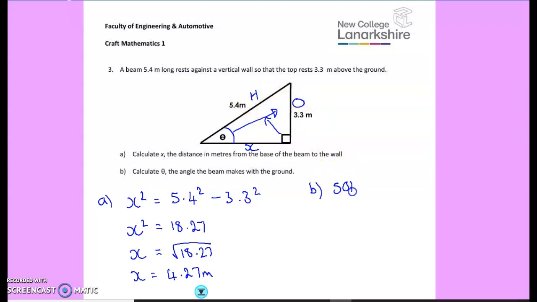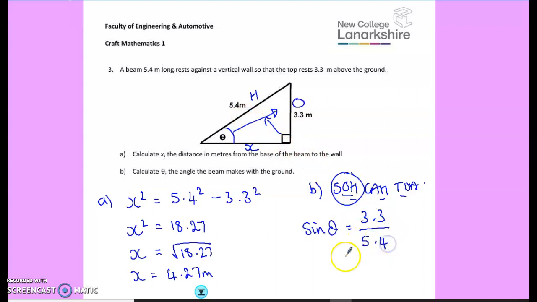Okay. So I've got the opposite, I've got the hypotenuse. It's going to be sine again. So sine theta is the opposite, which is 3.3, divided by hypotenuse, which is 5.4. To get theta then, we want to do the opposite of sine.